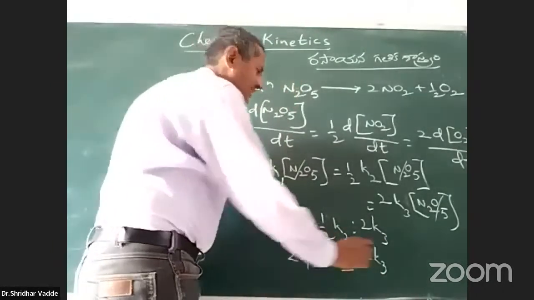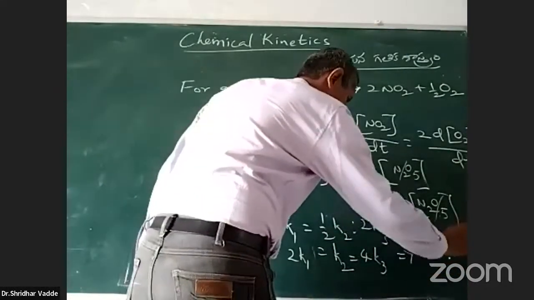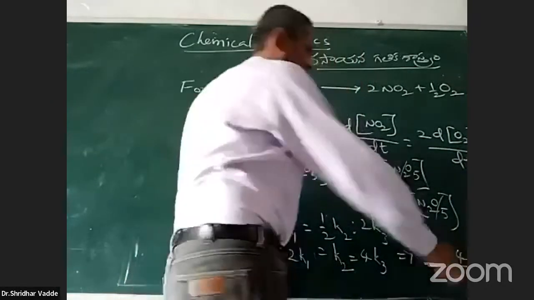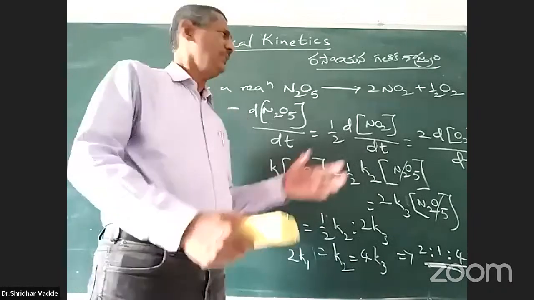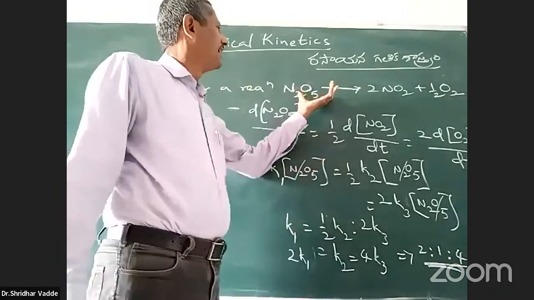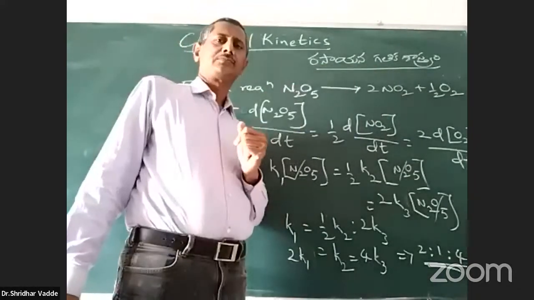So therefore, this will be coming as 2 is to 1 is to 4. This is the answer.